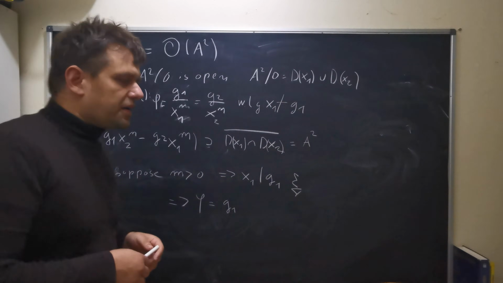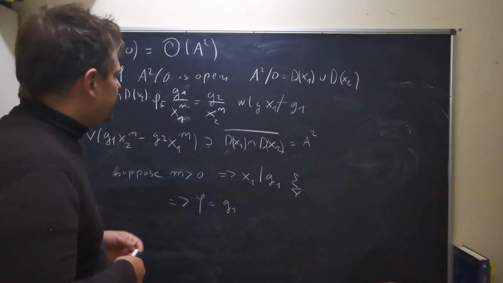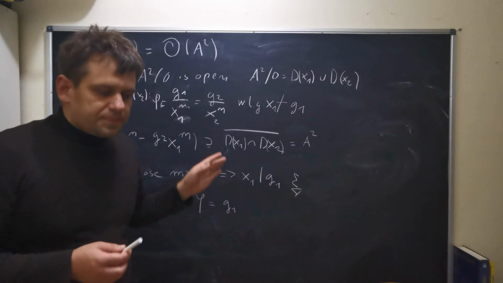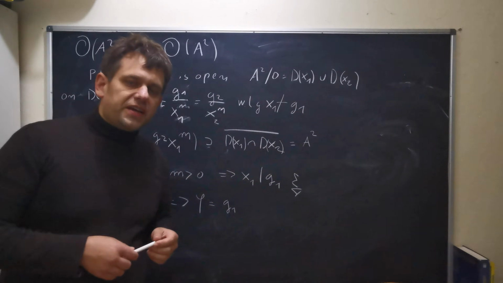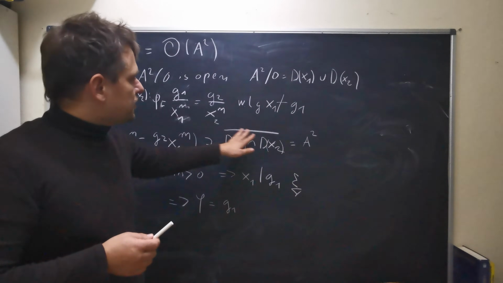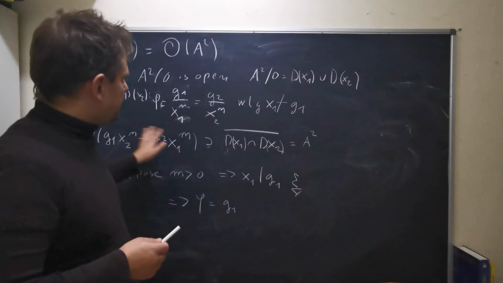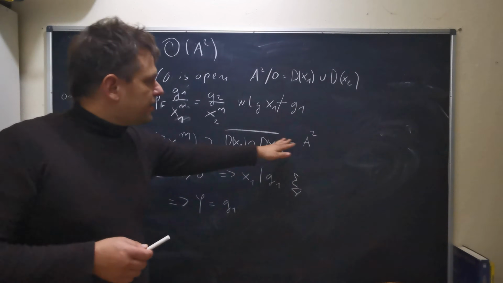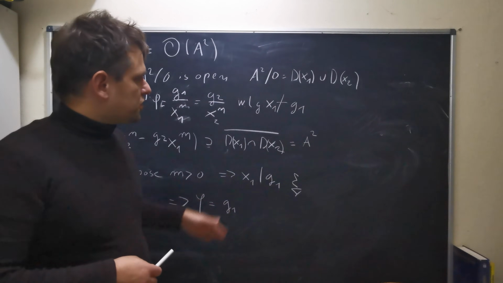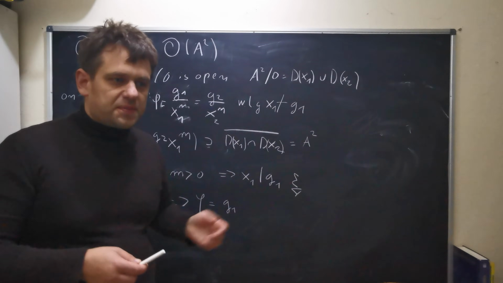This is, of course, by definition of the Zariski topology, closed in the Zariski topology, and it contains this intersection. And now remember that the Zariski topology has the property that every open set is dense. So the closure of this intersection is contained in the vanishing set of this polynomial, and is all of A2, since the closure of this open set is all of the space.